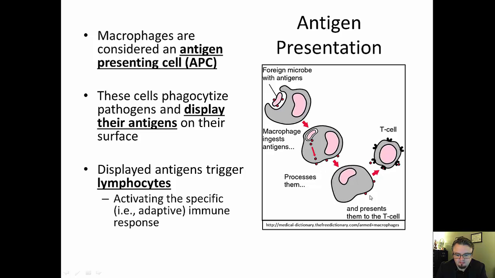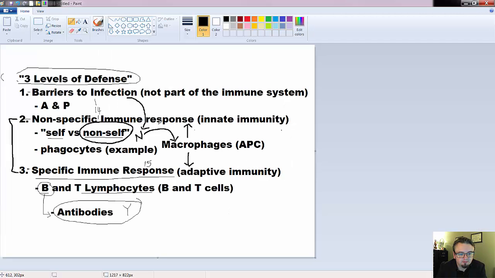Then they take those many little pieces of the microbe, and they literally travel to the third line cells. In this case, they typically activate the T cells themselves, and the T cell activation then triggers that third line of defense to begin.